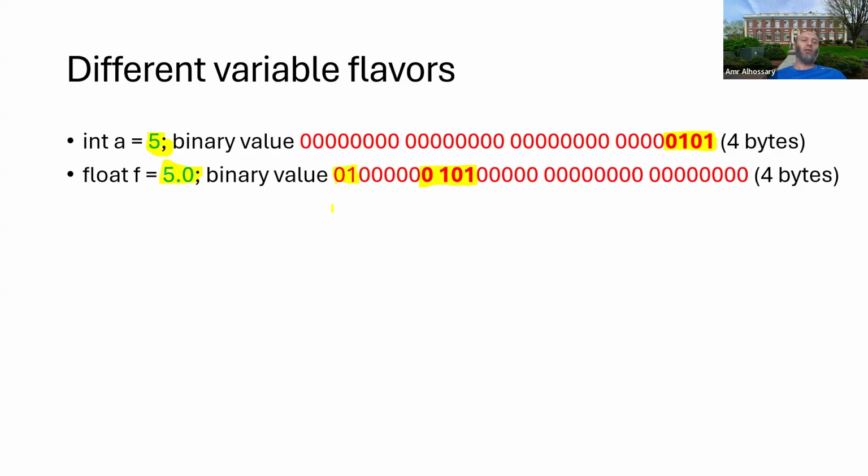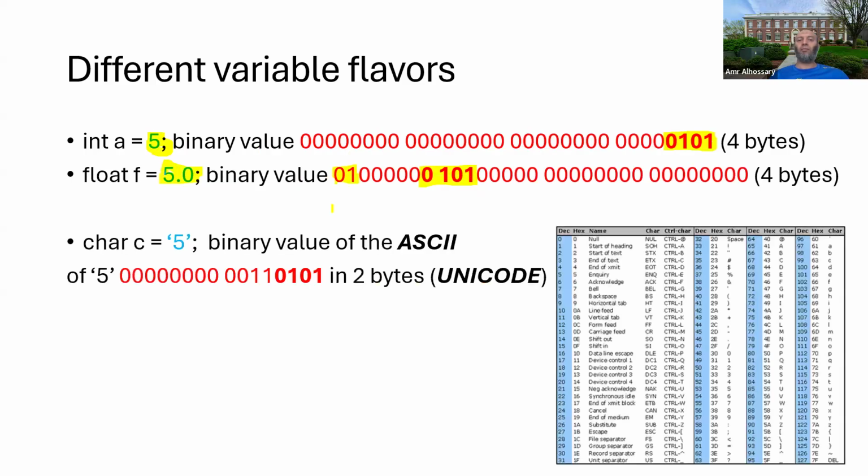Okay. The character 5 is the binary value of the ASCII or the Unicode letters. Here we have the character 5.